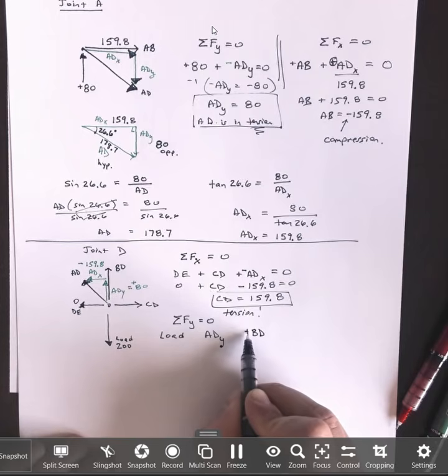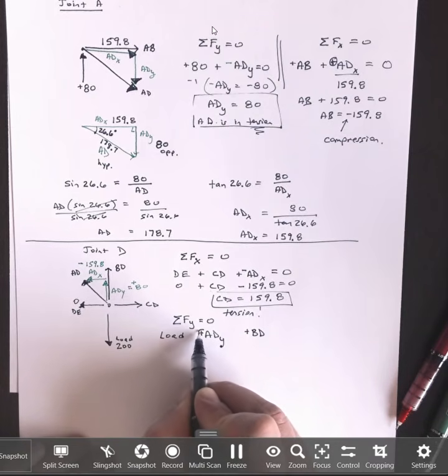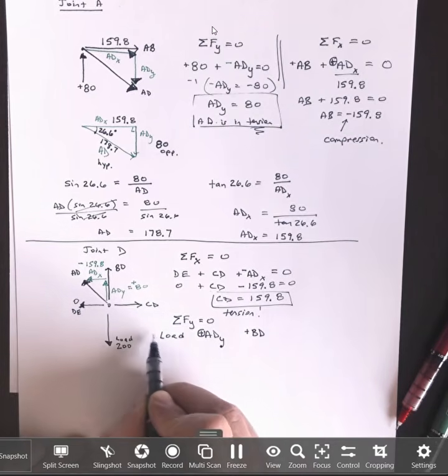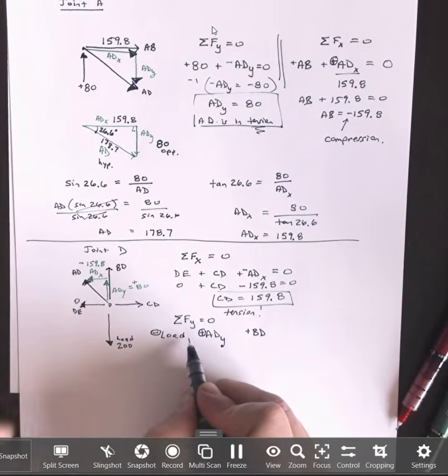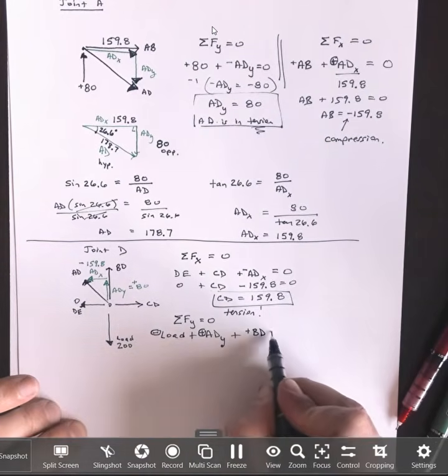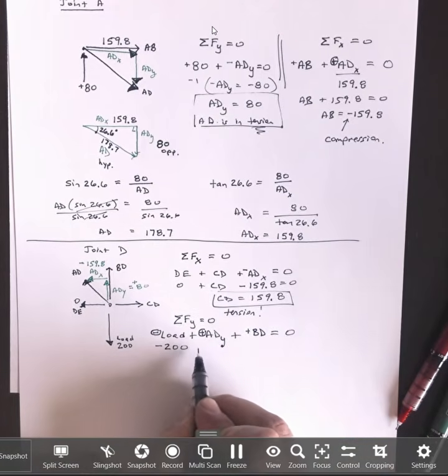BD is assumed to be tension, which is up, and up is positive. ADY is known to be positive. The load is known to be down, that's negative, known. So these 3 values have to add with each other to make 0. The load is 200. ADY is 80.